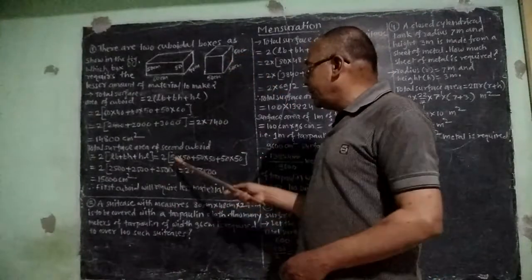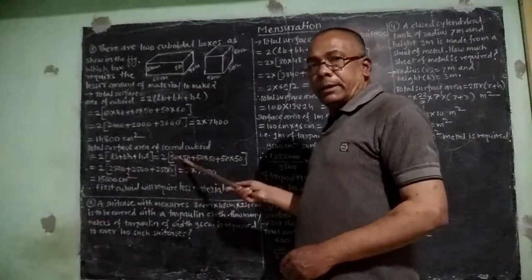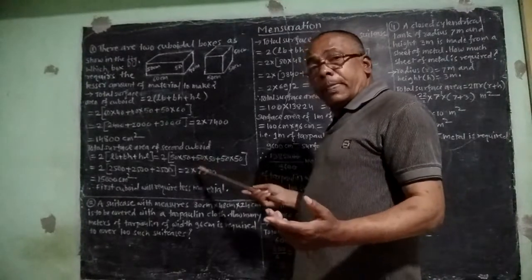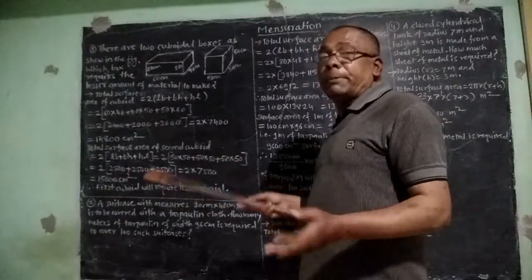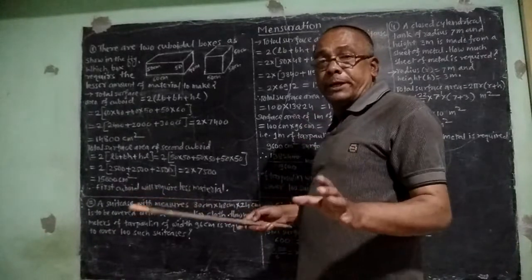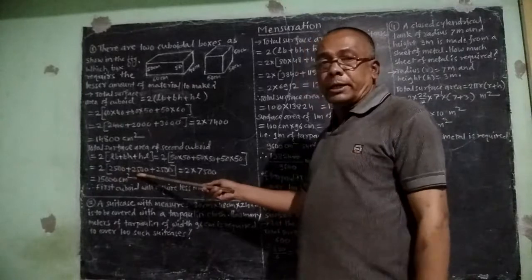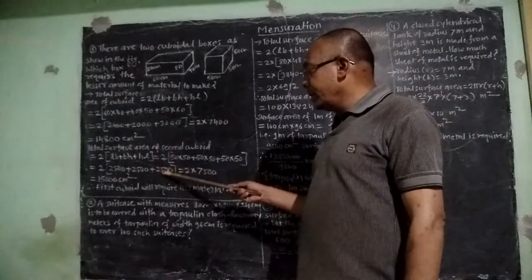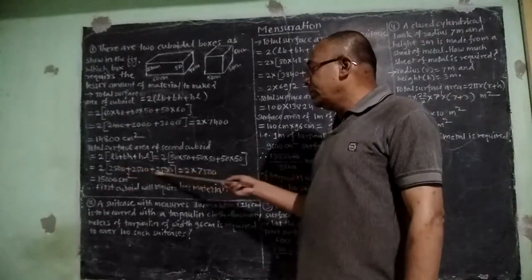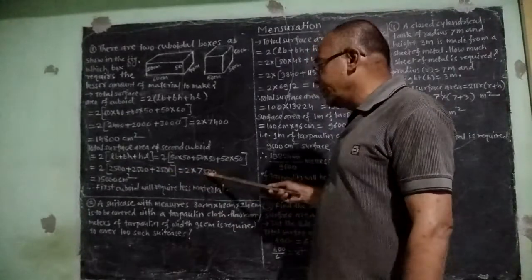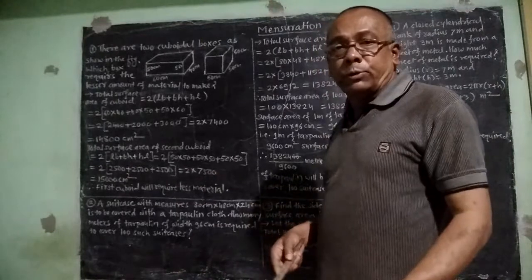So L into B will be 50 into 50 plus B into H will be again 50 into 50 plus H into L is again 50 into 50, and 50 into 50 will be 2500 plus 2500 plus 2500. The sum of all the three 2500 is 7500 and we have to multiply it by 2.